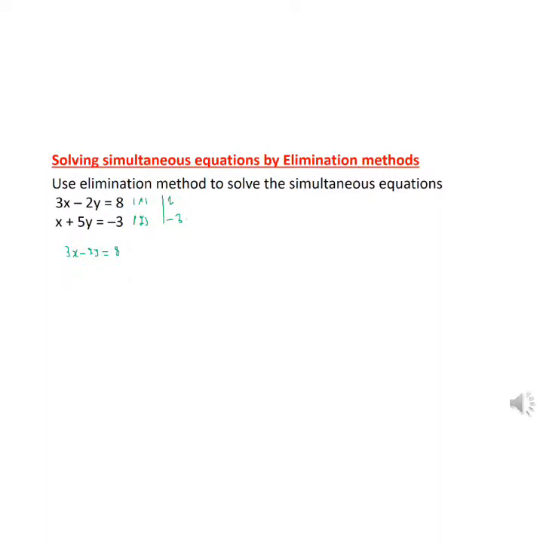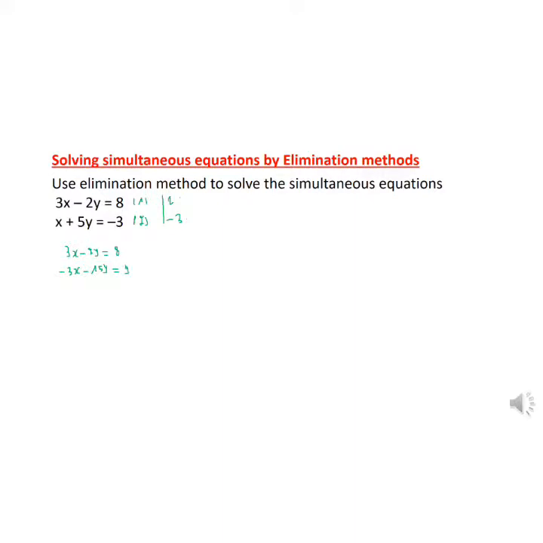For the second equation, negative 3 times x, we get negative 3x. Negative 3 times 5y, we get negative 15y, is equal to negative 3 times negative 3, we get 9.